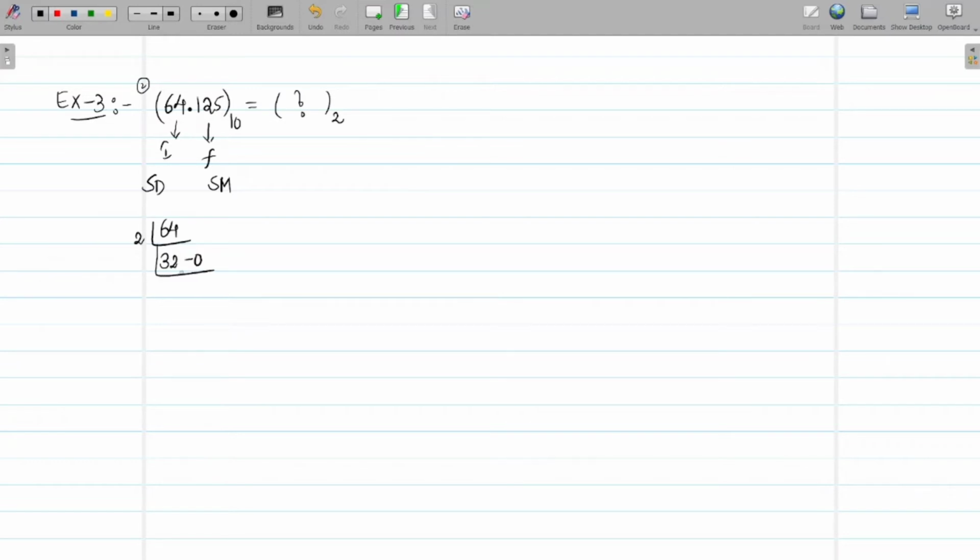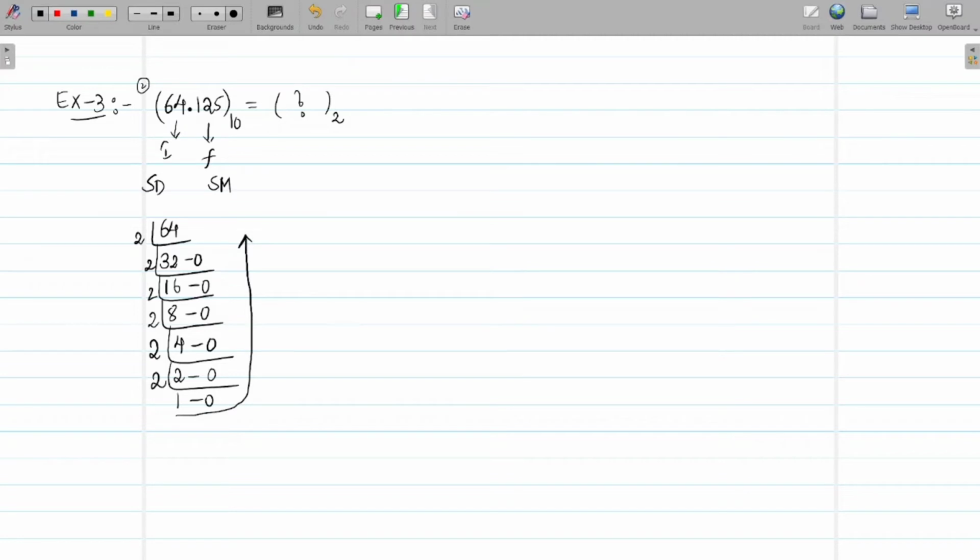Remainder is 0. 2 times 16 is 32. Remainder is 0. 2 times 8 is 16. Remainder is 0. 2 times 4 is 8. Remainder is 0. Next 2 times 2 is 4. Remainder is 0. And 2 times 1 is 2. Remainder is 0. And you cannot proceed further.